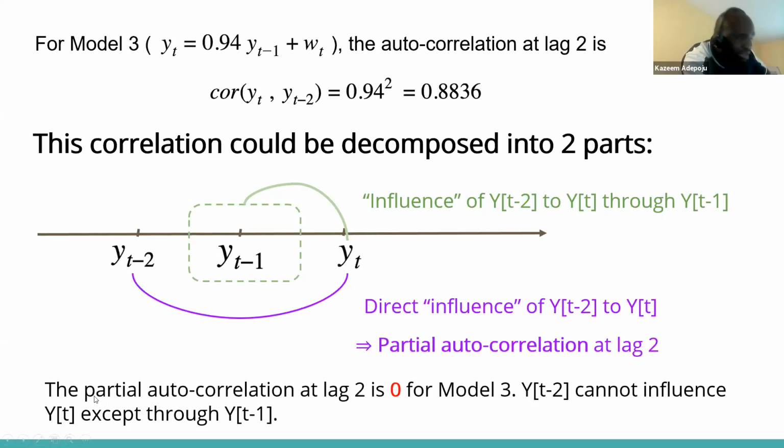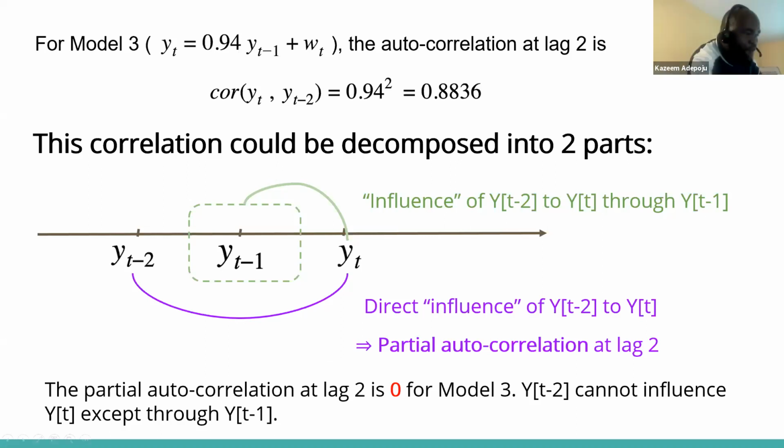In that situation, the partial autocorrelation at lag 2 is actually going to be 0 for this model. And the reason it is 0 is because you can only measure the influence of the past on the current by passing through the immediate past.